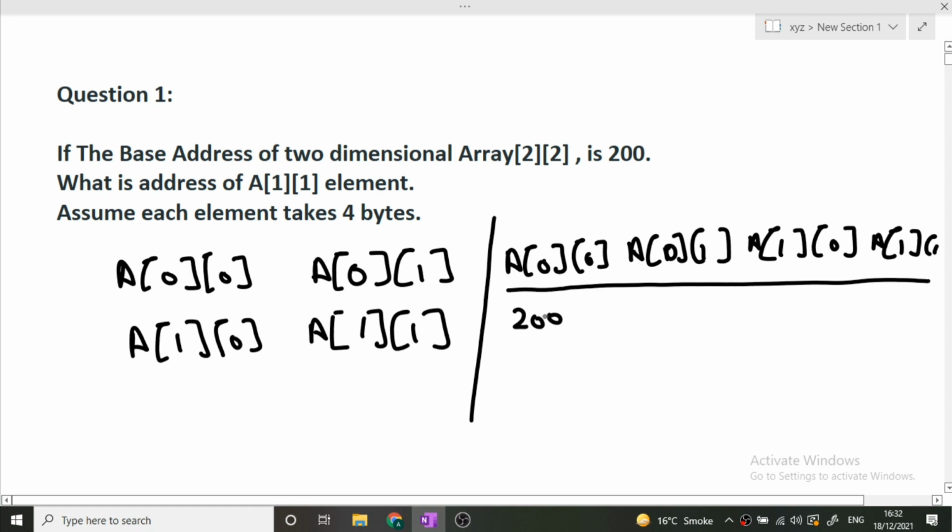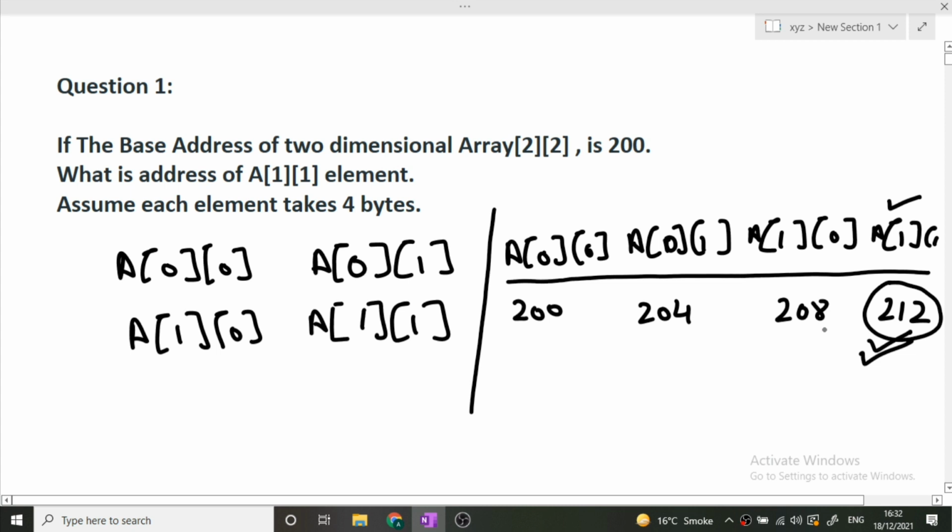So if A00 is at 200, A01 will be at 204, A10 will be at 208, and finally A11 will be at 212. We were asked to find the address of this particular element, so it is 212, and this will be the correct option. I hope now the concept is clear to you how two-dimensional arrays are actually stored in memory. So 212 is the correct answer.